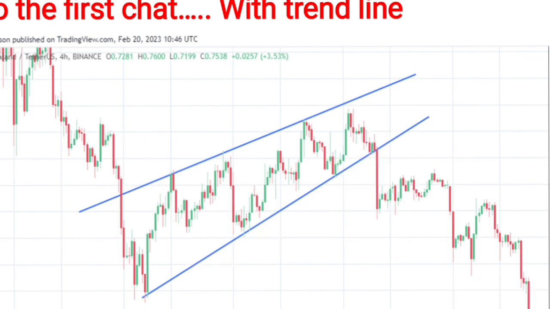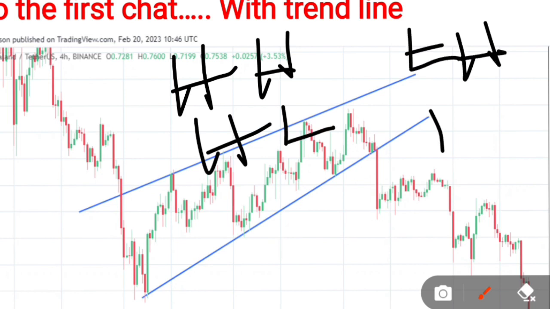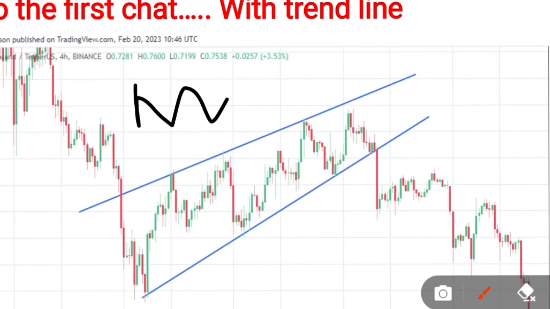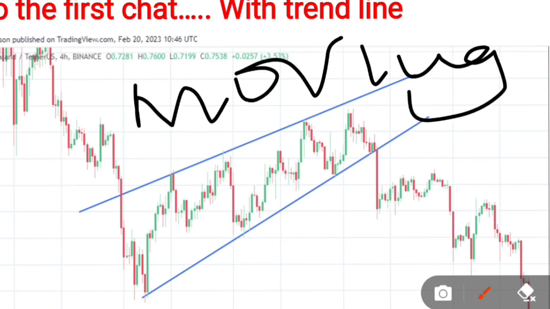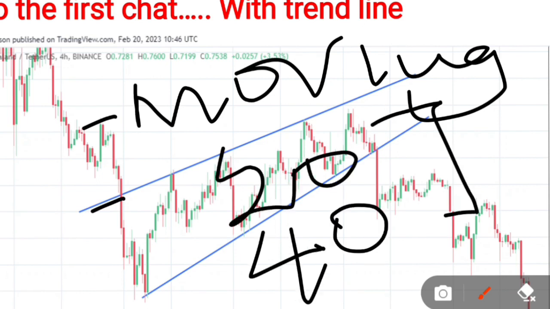Once you see the price breaking below the moving average, then you would suspect something fishy going to happen at this point. So you should be able to take note of these higher high points, higher low points, lower high points, and lower low points. This is to do with price action. Then you should be able to notice the movement of the moving averages, the EMA, that is going to be 20 and 40 EMA.